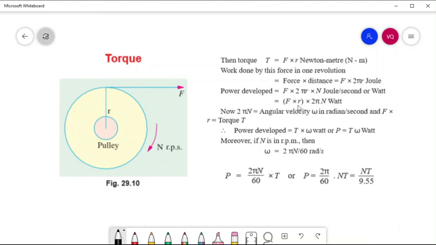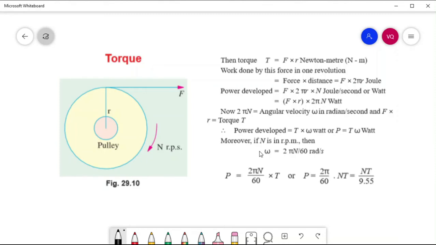So F times r times 2 pi n is in watts. Now 2 pi n is the angular velocity. We will express this as omega, in radians per second, and F times r is your torque. Therefore, the power developed is equal to the torque multiplied by the angular velocity, or P is equal to T omega. It is expressed in watts.